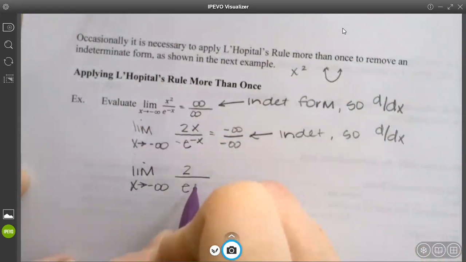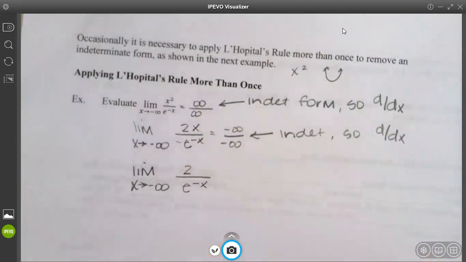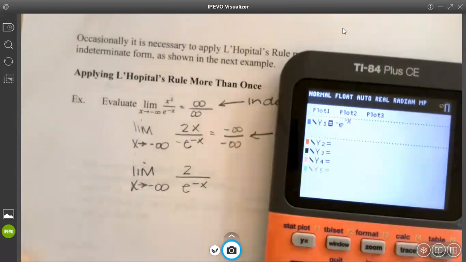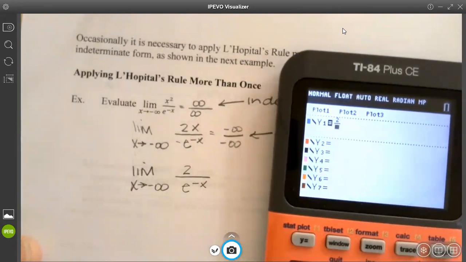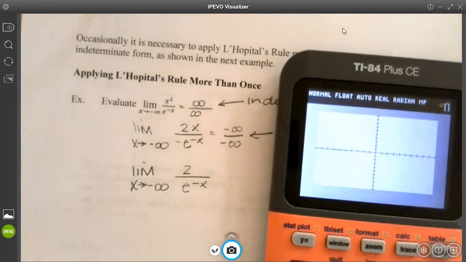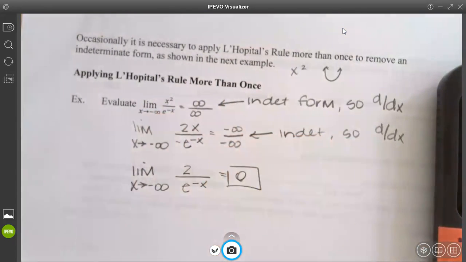E to the negative x. As we go to the left, where does it go? Zero.